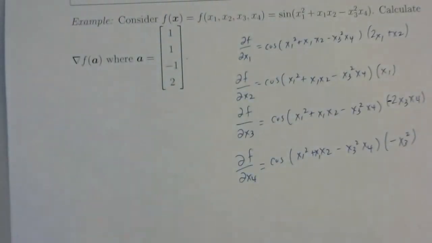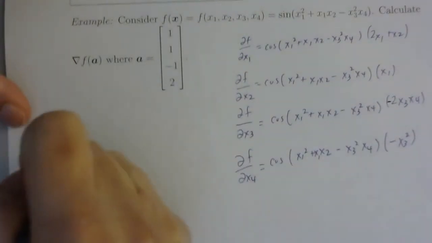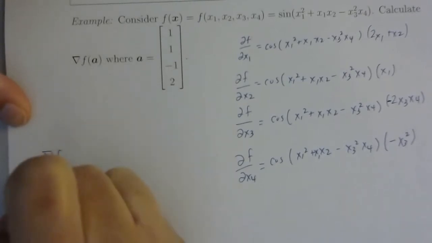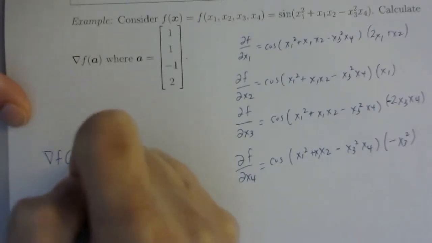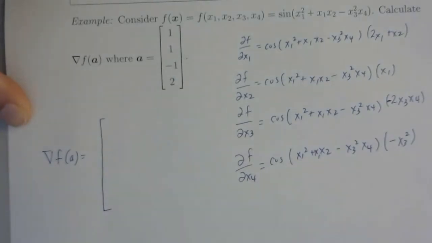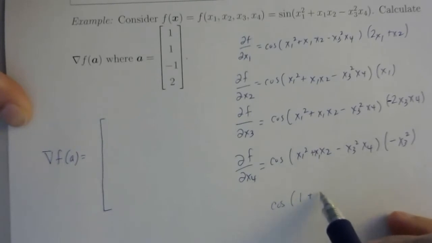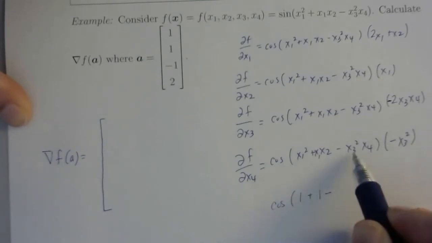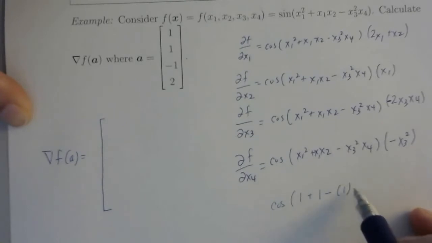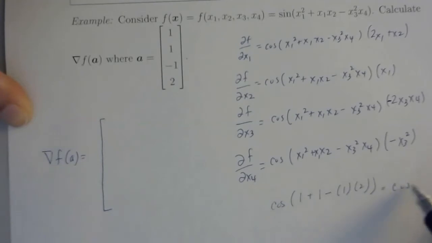Cool, and I want to evaluate it at this vector A. So the partial of f at A. So when I plug in A for the cosine, let's just make a little bit of side work. It's the cosine of 1 squared plus 1 times 1 minus x3 squared, which is just 1 times 2. So it's 2 minus 2. So it's cosine of 0, which is 1.